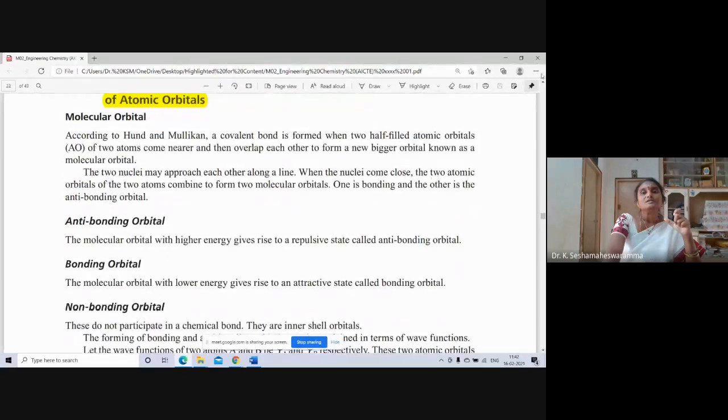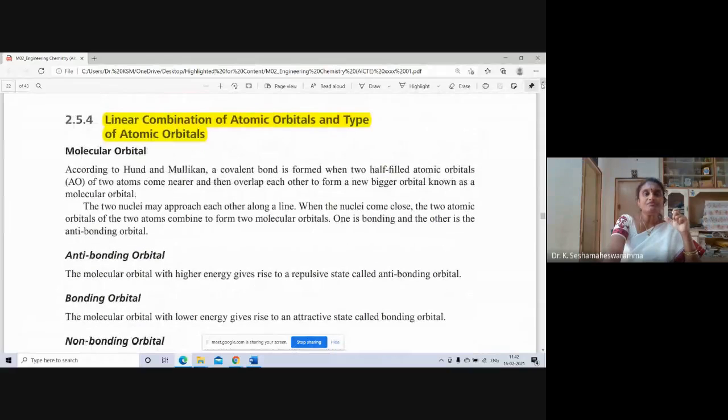As per Hund and Mulliken, a covalent bond is formed when two half-filled atomic orbitals of two atoms come closer and overlap each other to form a new bigger orbital known as a molecular orbital.